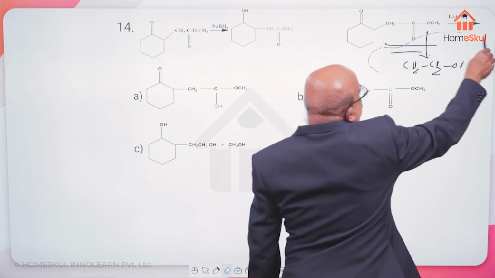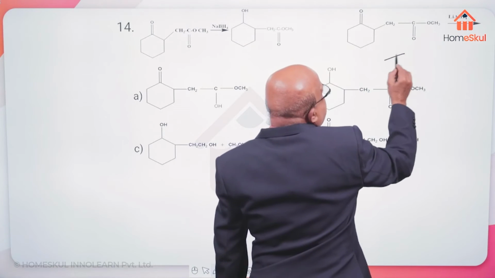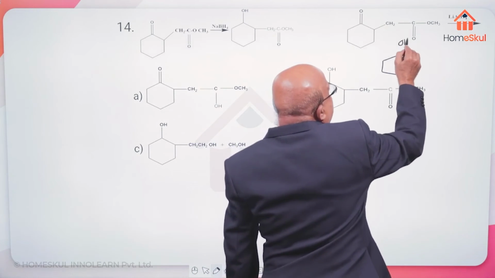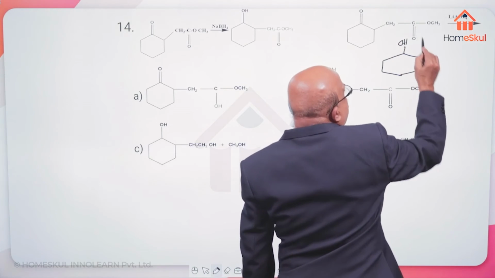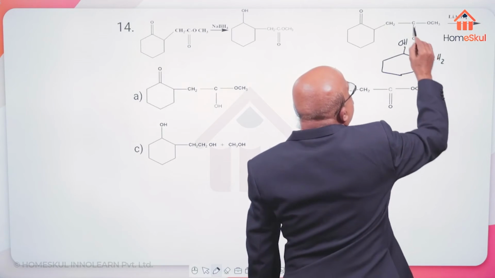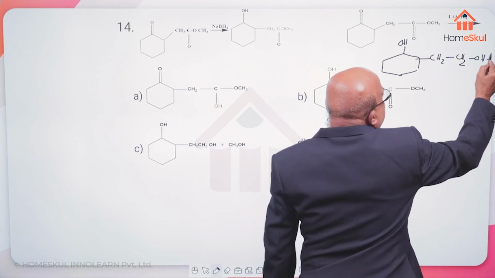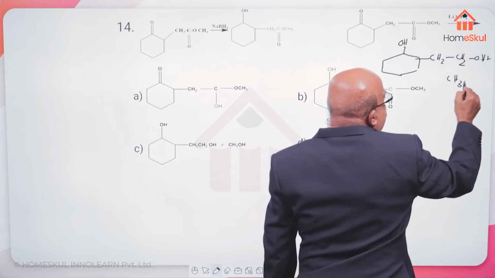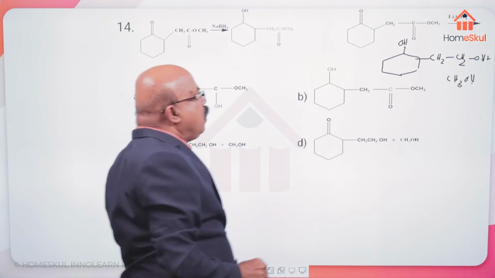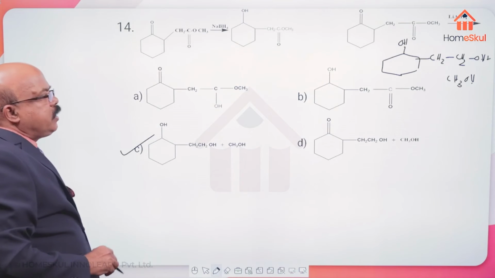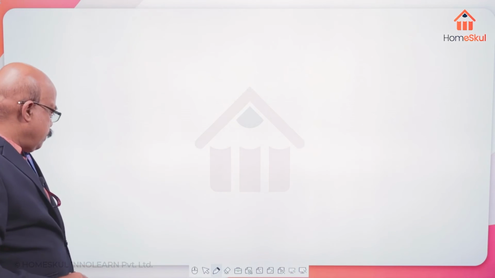So the product of this reaction is this keto group becomes secondary alcohol, and this ester group becomes CH2OH plus methanol. So this is the answer of this question. Option C is the answer of that question.